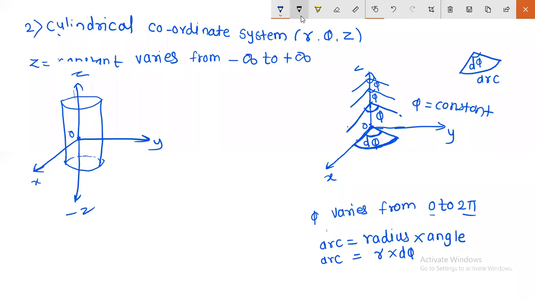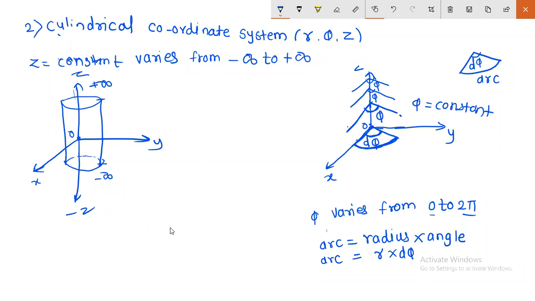It means that your length is varying from minus infinity to plus infinity. So you can put this cylinder anywhere along this Z axis. So this Z is equal to constant, varying from minus infinity to plus infinity.